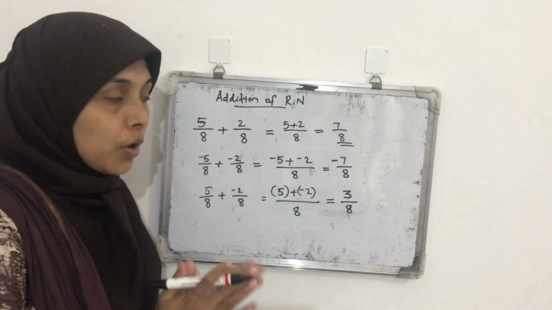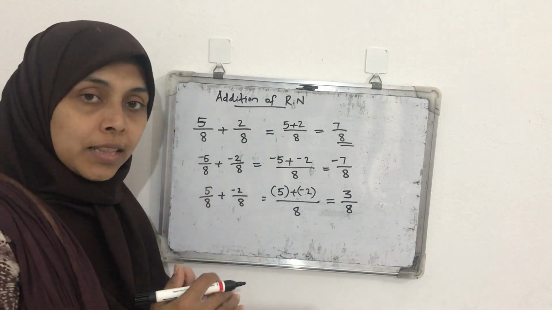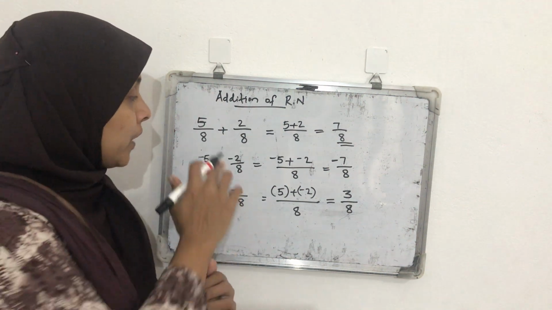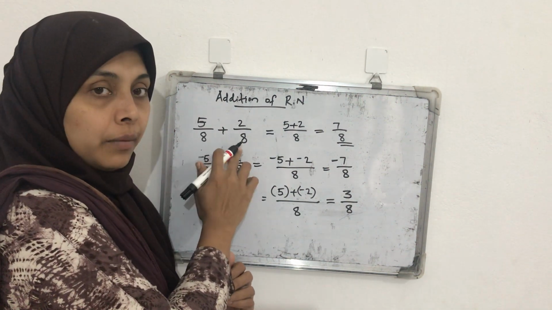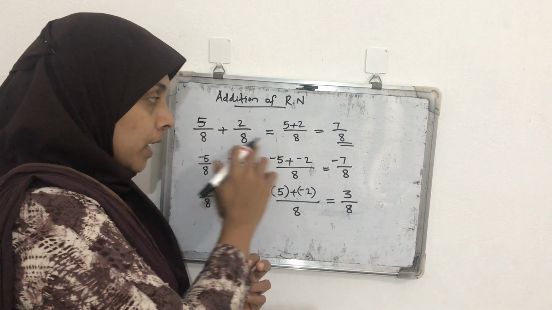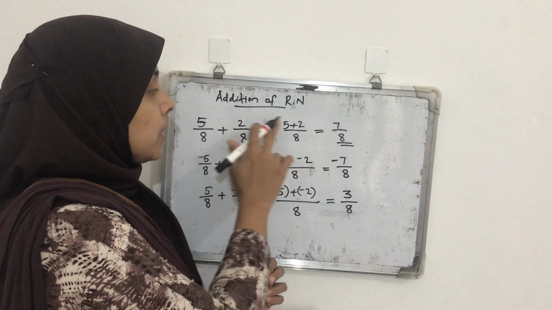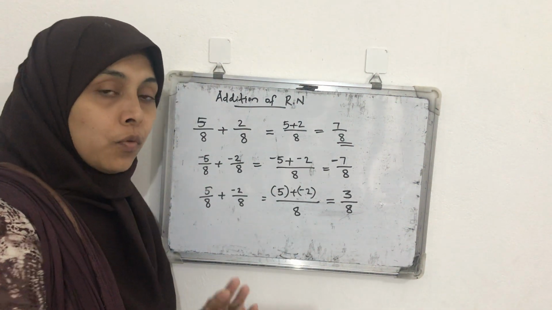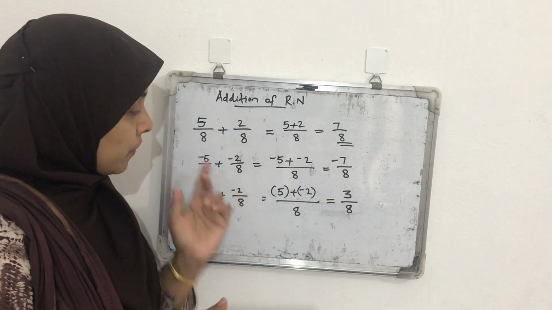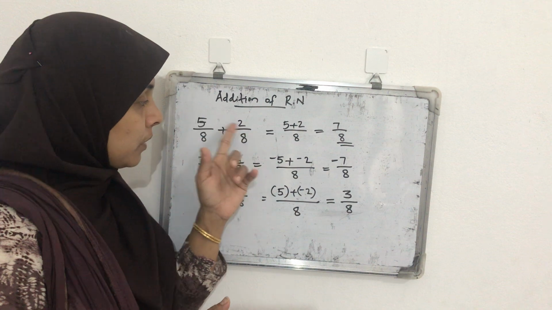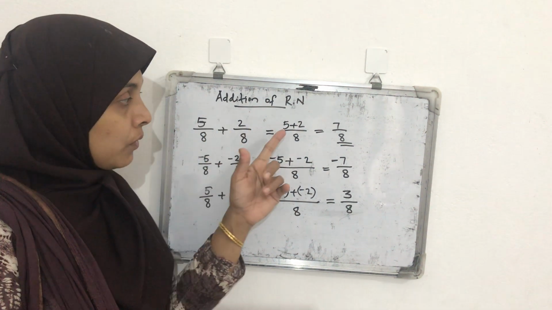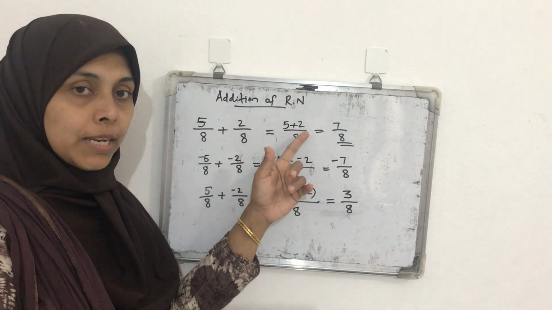Okay, that's clear. It is easy to add rational numbers if the denominators are the same. We can directly write the common denominator and add the numerators only. For adding numerators, there are different cases. If both numerators are positive, we add 5 plus 2 and get 7.